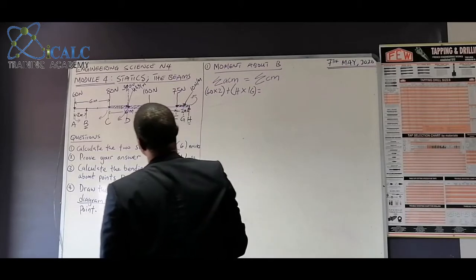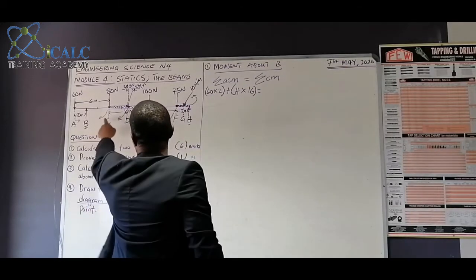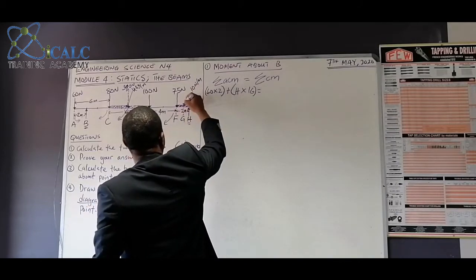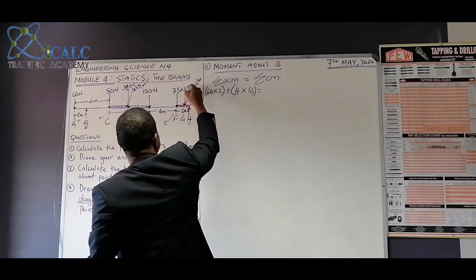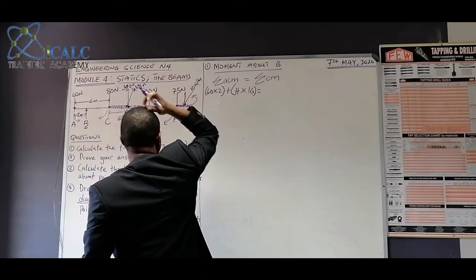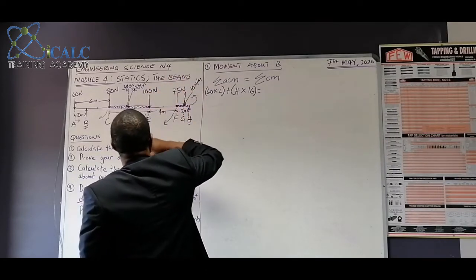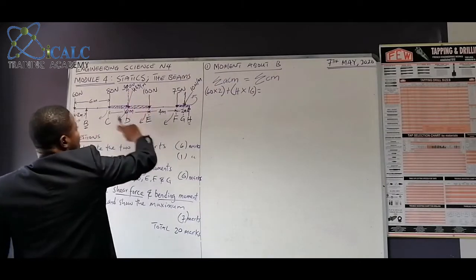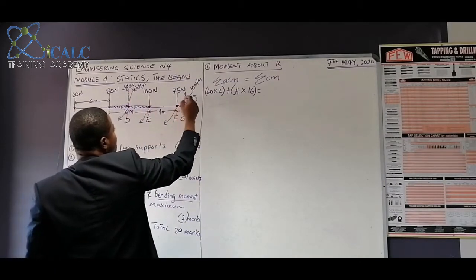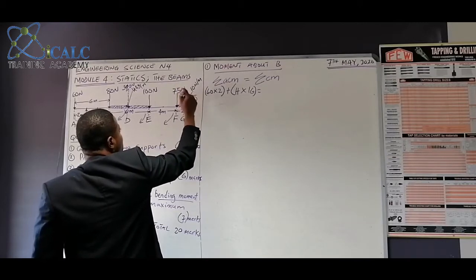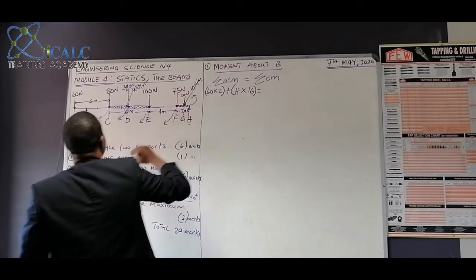And then for the clockwise moment, 1, 2, 3, 4. And of course, this one also. This is per meter, this is per meter. So we are going to say 10 multiplied by 2. This will become 20 Newton here.